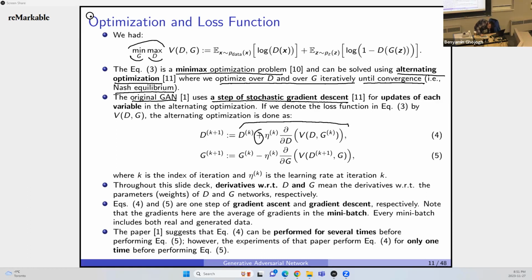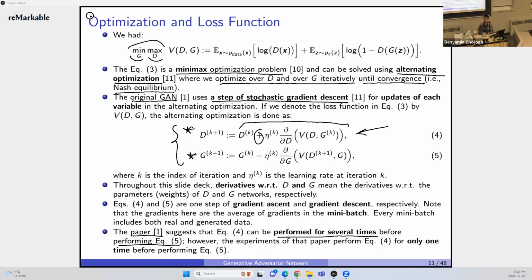You can write plus as minus minus. And the generator uses gradient descent. And they use minibatch, okay? By the way, this original paper also suggests that equation 4, this one, can be performed several times before performing equation 5. That's fine. The important thing is that they are iterative. They're alternating between each other.